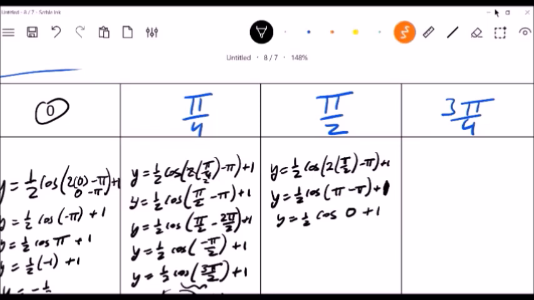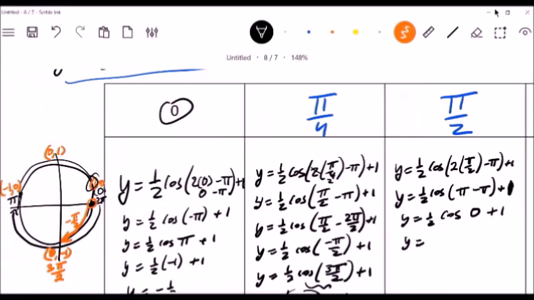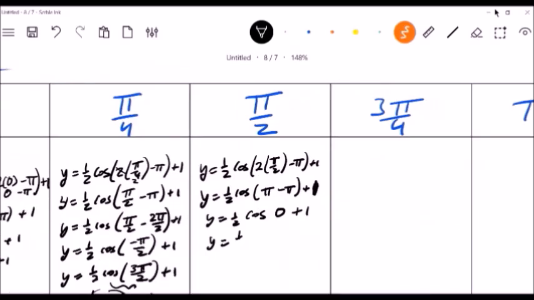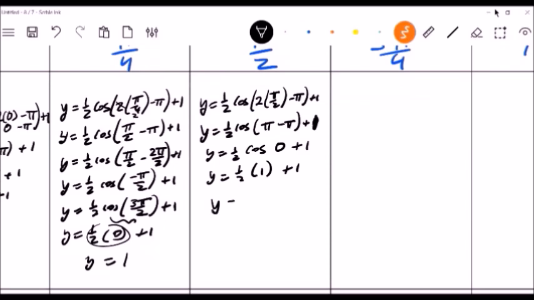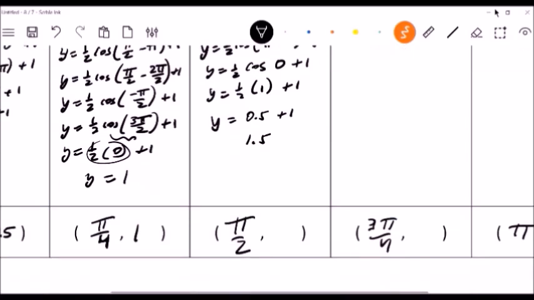Pi minus pi is 0. And at 0, the cosine is 1. So y equals 1/2 of 1 plus 1. Y equals 0.5 plus 1, so 1.5. I'm going to put 1.5.